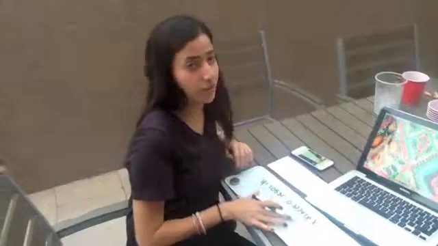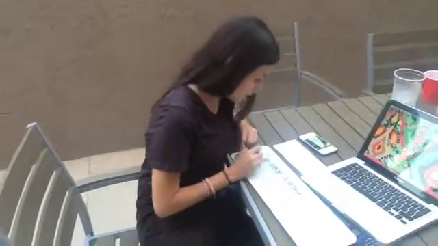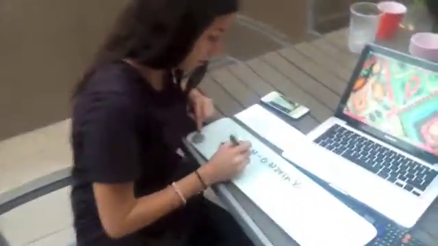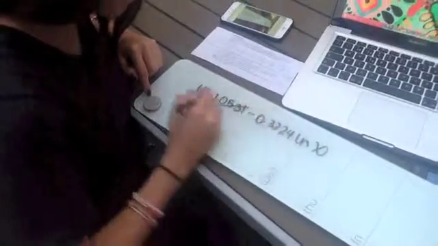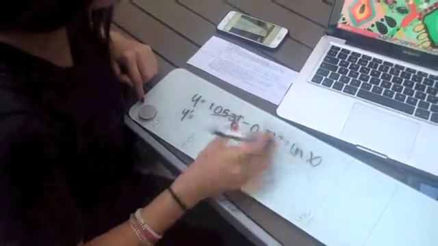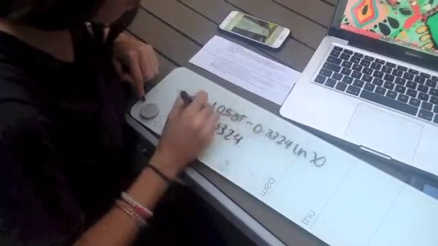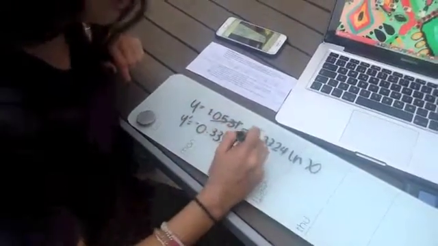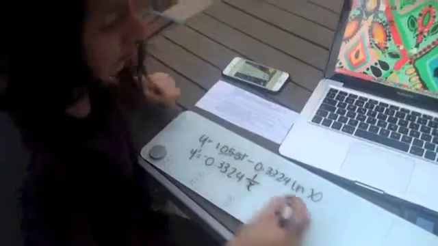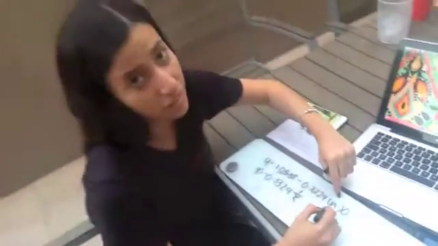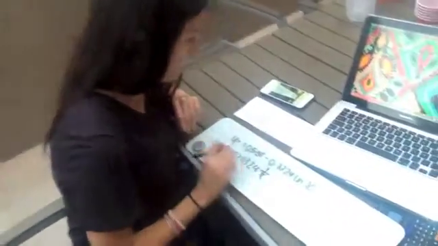So if we differentiate this, y prime equals 0 for the constant, and the derivative of the rest is minus 0.3324 times 1 over x, because the derivative of ln x is 1 over x.